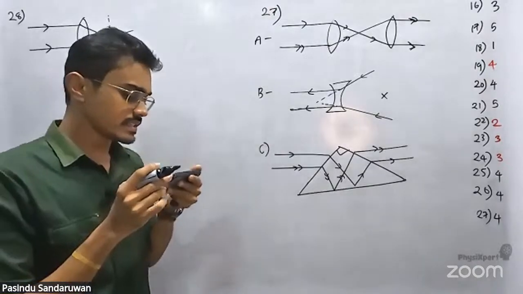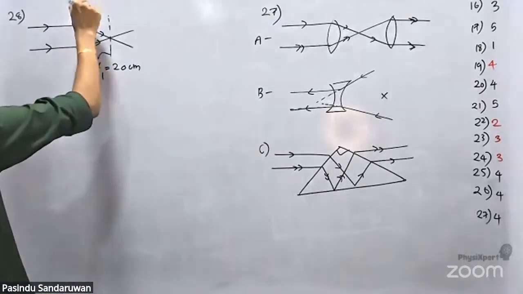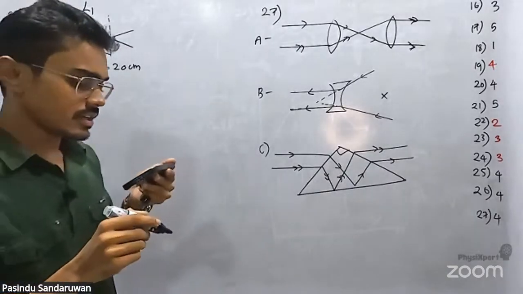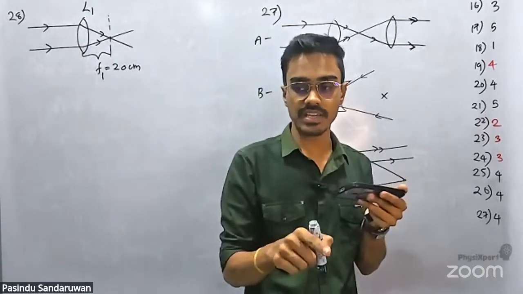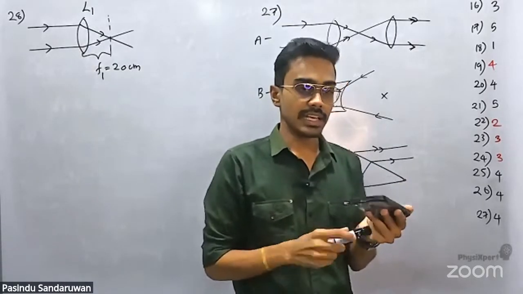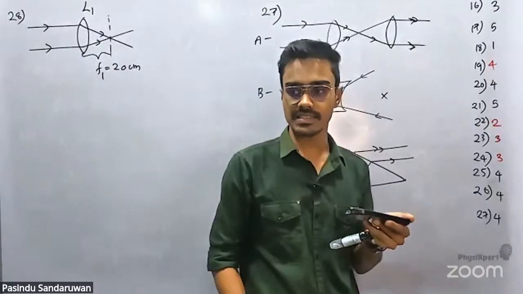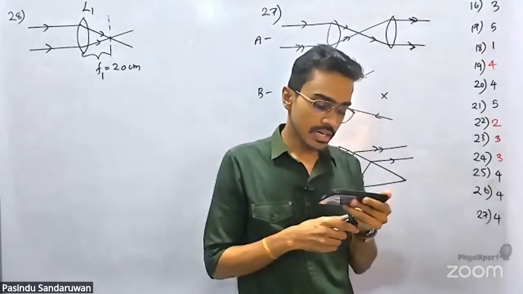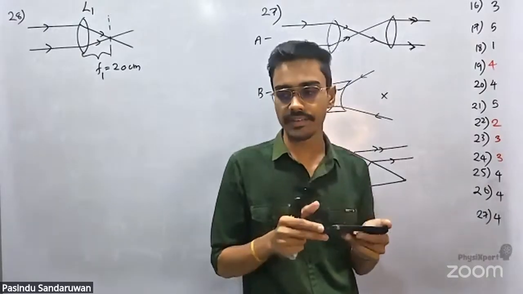Now let's consider another lens L2 kept in contact with L1. L2 is kept in contact with L1 and a clear image of the object was obtained on the screen again, which means the resultant lens is again a convex lens. The distance between the screen and the lens combination was 25.